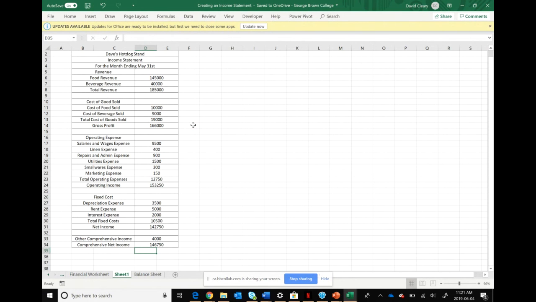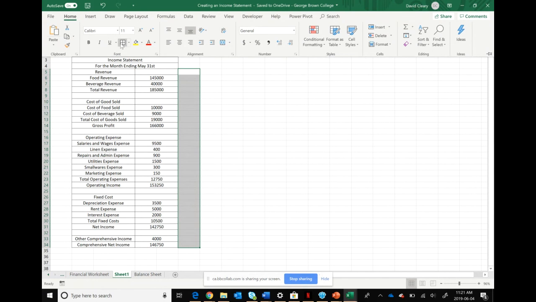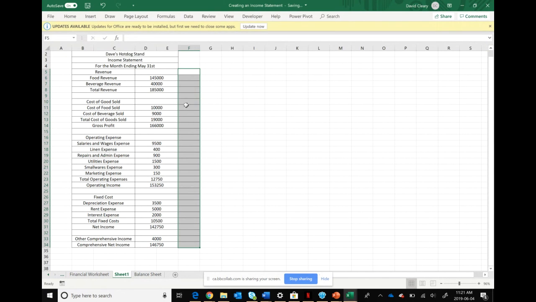If you wanted to put some percentages in here, we'll throw in some of these. Our food cost is calculated by dividing by food sales. Our beverage cost is calculated by dividing by beverage sales.